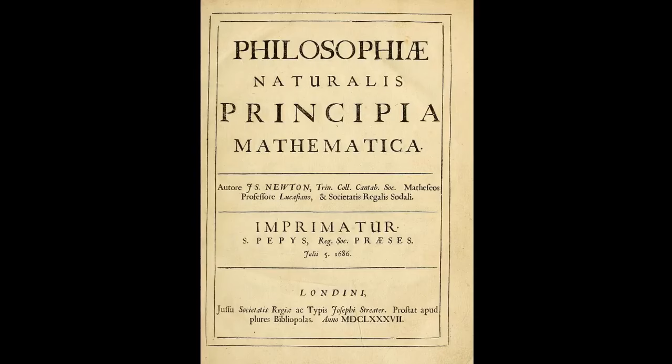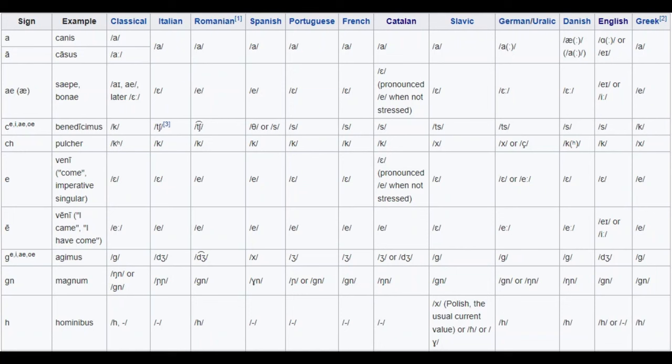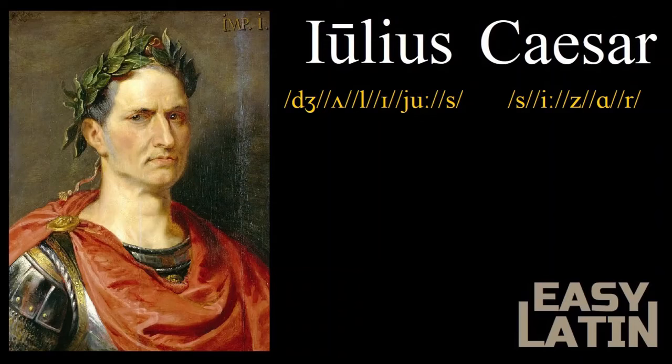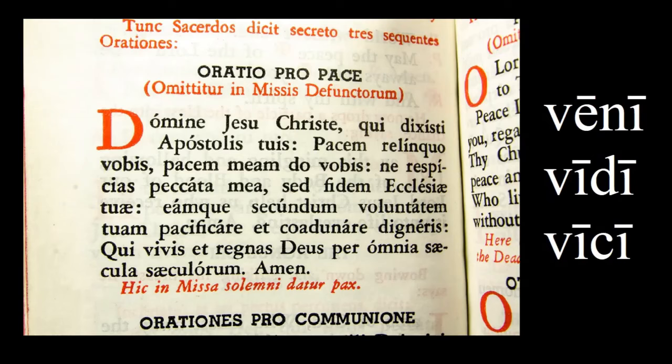For example, Isaac Newton's Philosophiae Naturalis Principia Mathematica, in which he expounded the laws of motion and gravitation, was written in 1687 entirely in Latin. But the people writing in Latin were native speakers of other languages, so each country developed its own system of pronunciation. It was the English system of pronunciation that produced Julius Caesar, and ecclesiastical pronunciation, the form used by the Roman Catholic Church, that produced veni, vidi, vici.